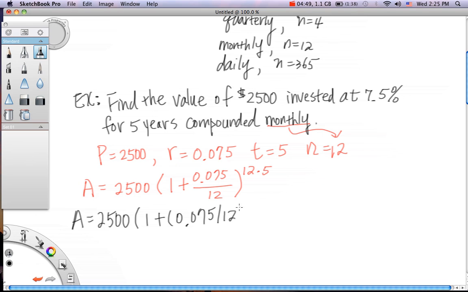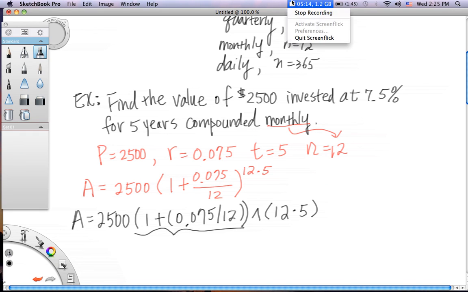Okay, and then close the parentheses, because now these two things are together. And then you want to raise it to that power, and raising to a power is the caret key on your calculator, and you want these to be done separately too. So this will be the number that you put in your calculator. And let me stop for a second and come back and tell you what that value is.